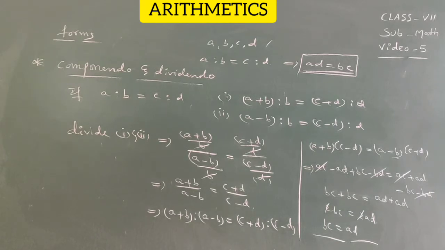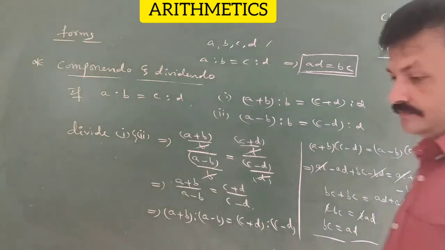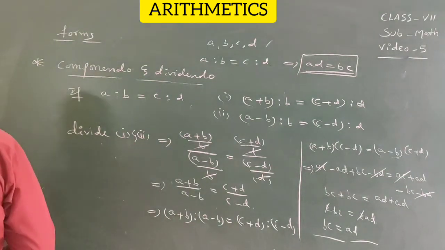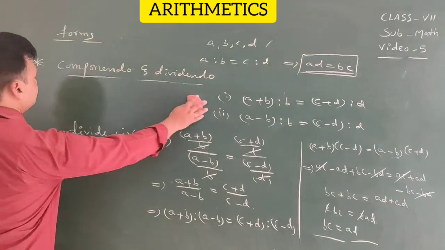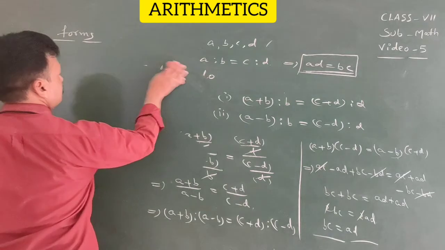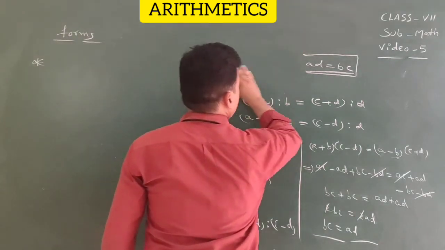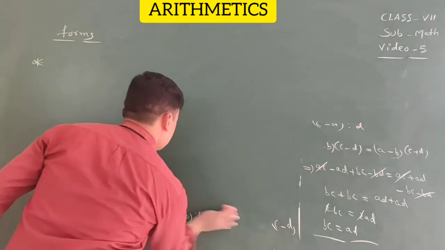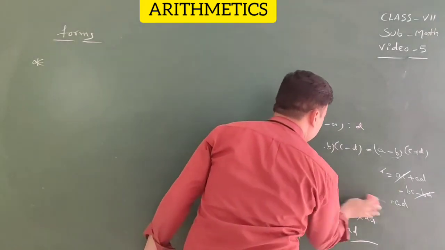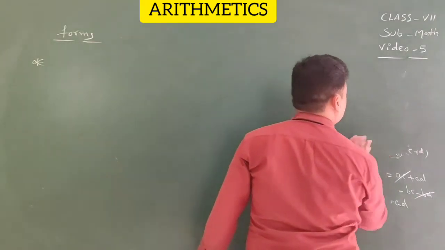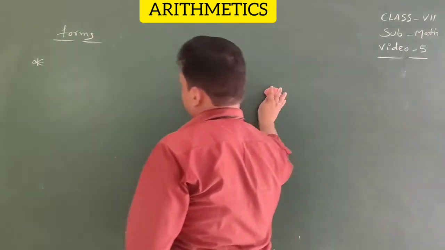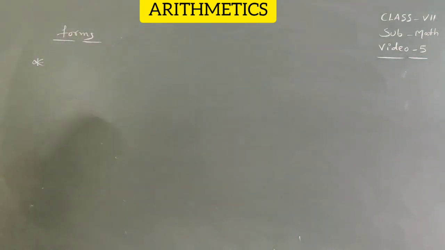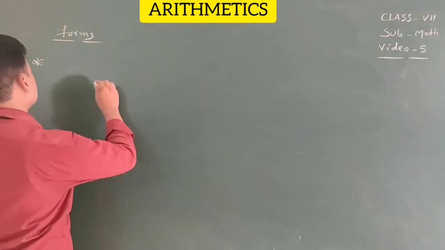Okay, these 5 forms are important forms in proportion. Today I will write the 5 changes. ABCD I am writing. If you want, you can continue to give your answers.